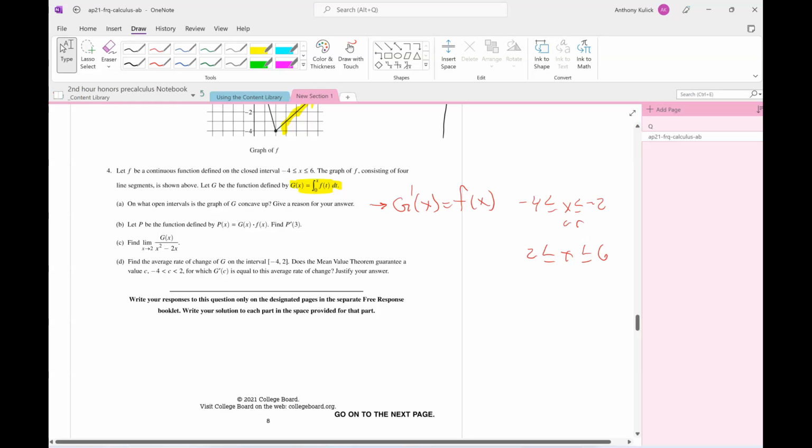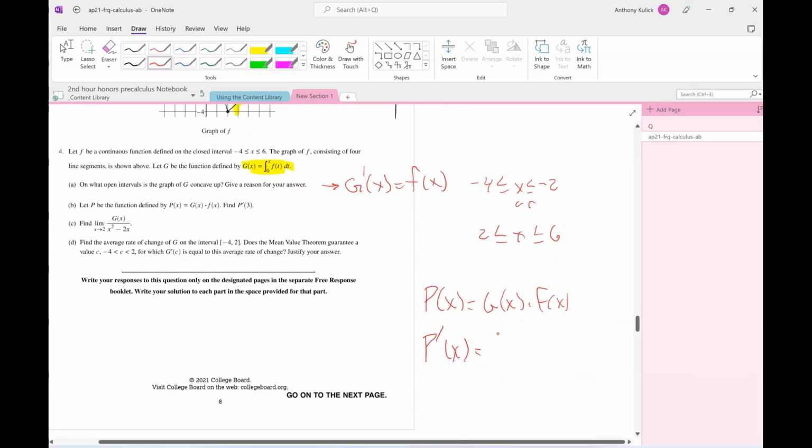Okay. The next piece says, let P be the function P of x equals g of x times f of x. Find P prime of -3.